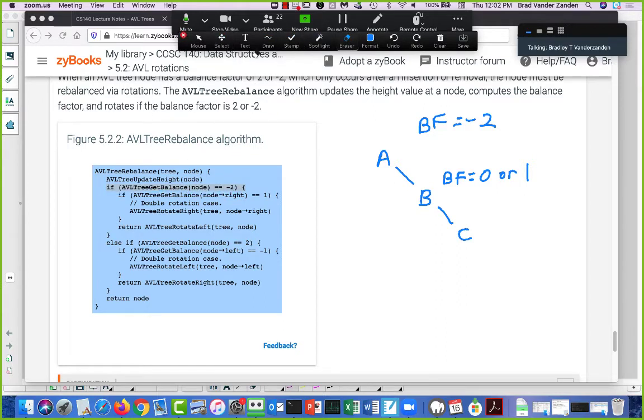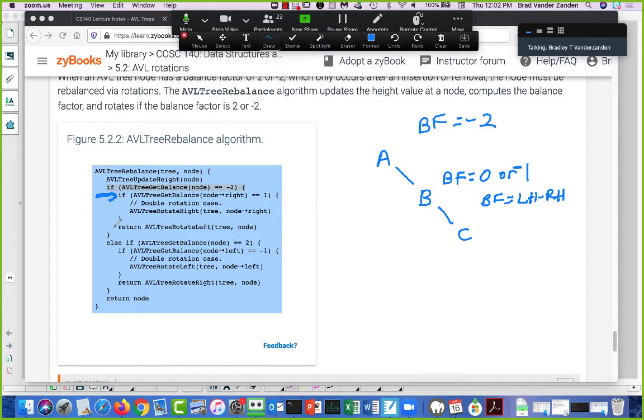When we look right here, since the balance factor here is -1 because C is where the imbalance is, remember, balance factor is equal to left height minus right height. C is the greater one, so the balance factor is -1. So if the balance factor is 0 or -1, it is one case, and if the balance factor was 1, it was the other.